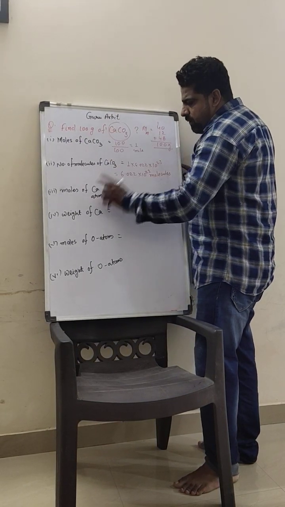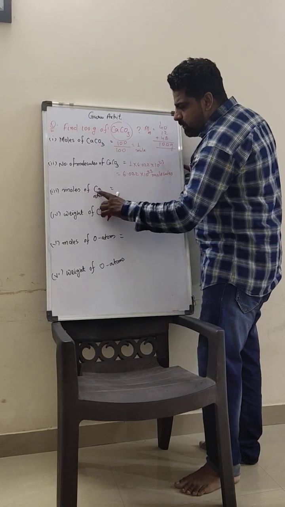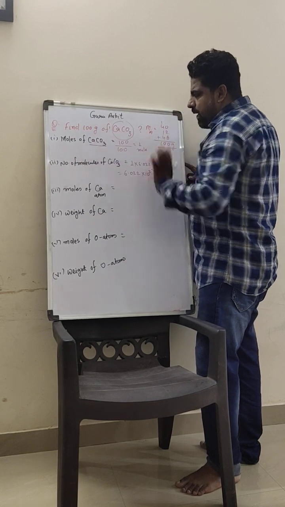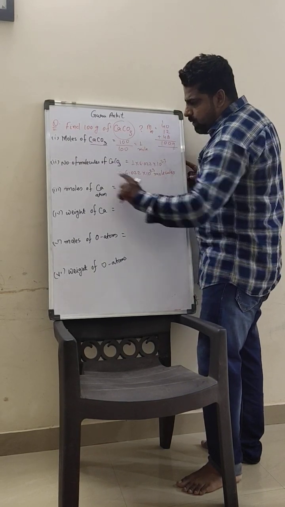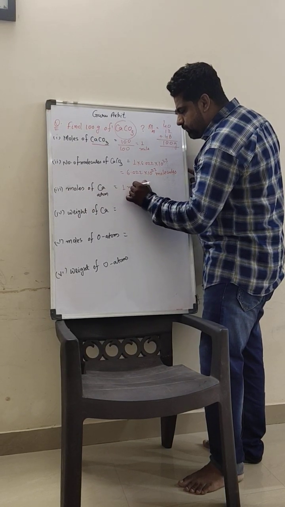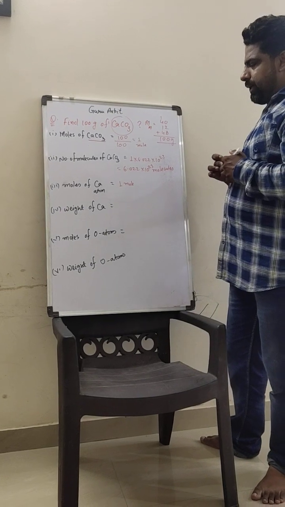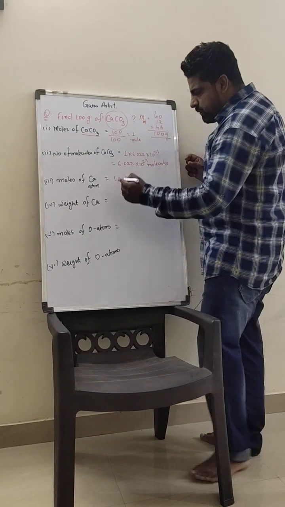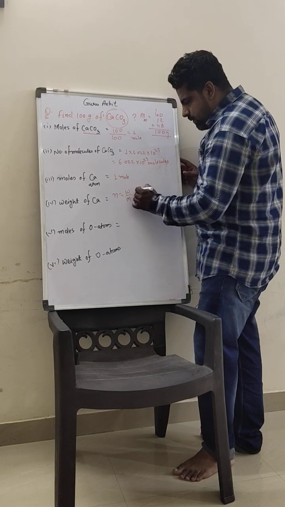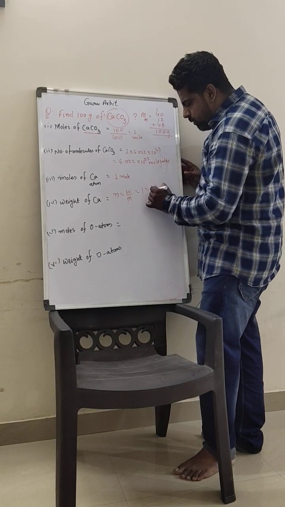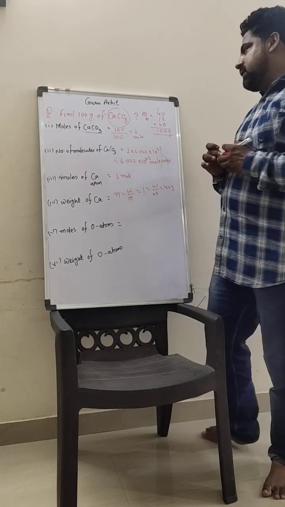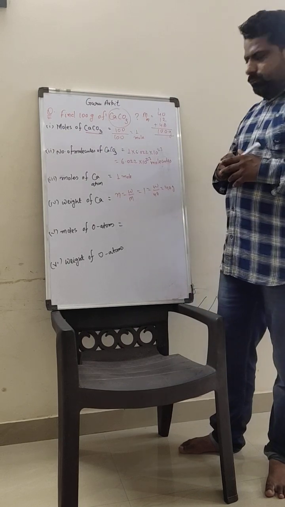So the moles of calcium atom is equivalent to the total moles of calcium carbonate, which is 1 mole. So what is the weight of the calcium? By using the formula n is equal to W upon M, 1 is equal to W upon 40. So 40 gram of calcium is present in calcium carbonate.